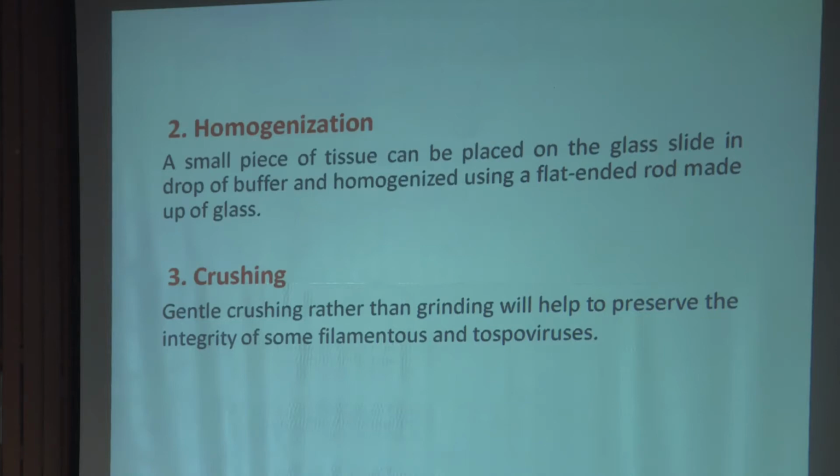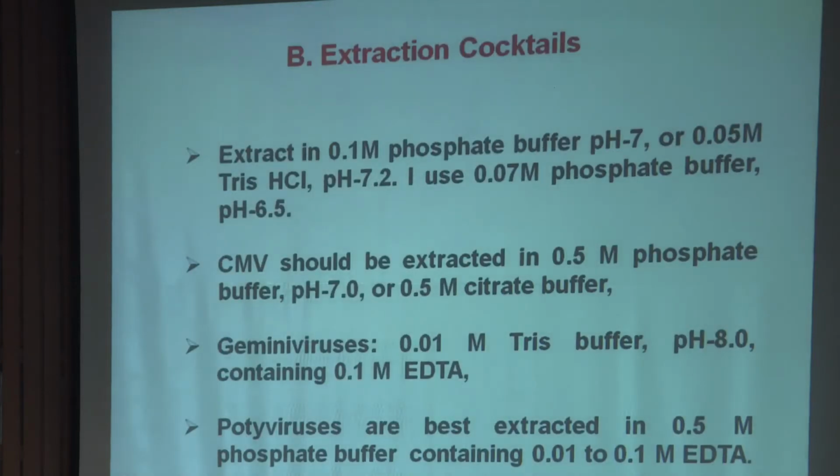So in that case we are crushing the sample with the help of a blade, just to crush it very gently and release the virus from the cell. So these are the basic methods of extraction of the samples for electron microscopy.